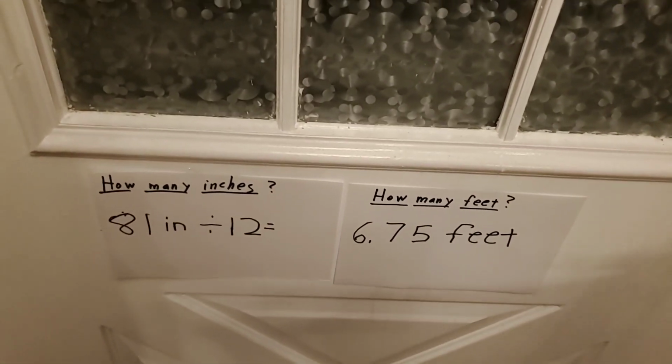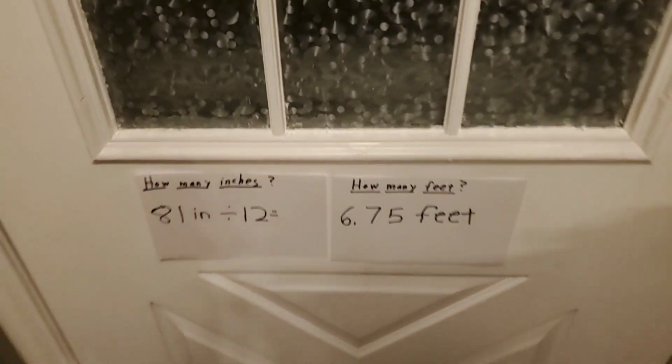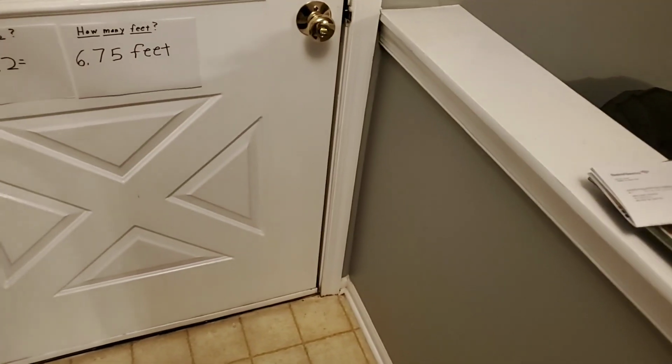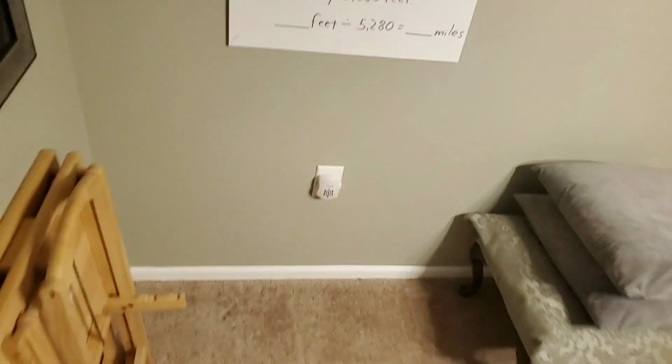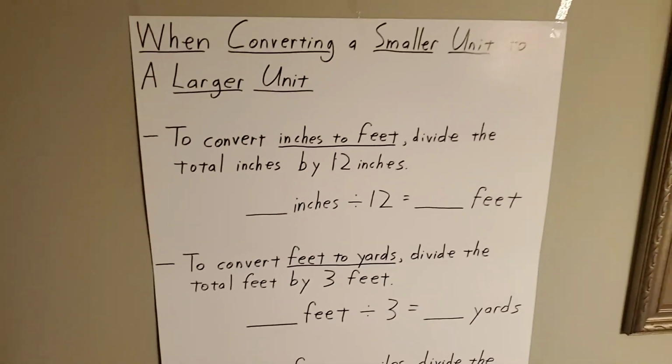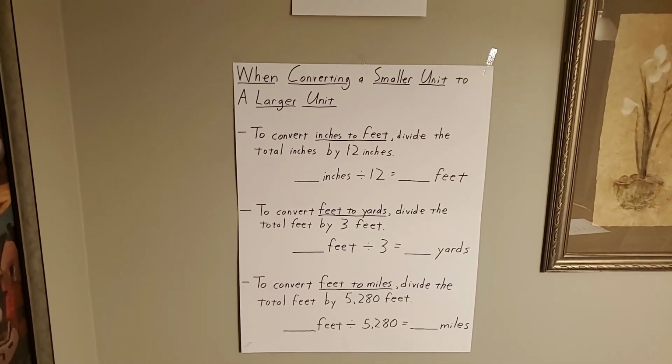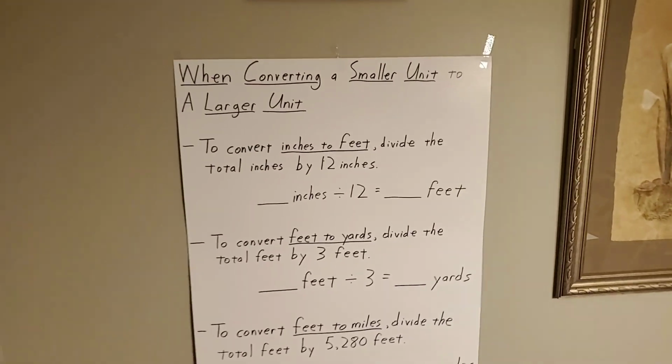And if you get confused, don't worry, because here is what we're going to do next. I'll get my stuff again. We're going back into my dining room and take a very good look at this, because this is going to be your cheat sheet for your assignment. So move a little closer.